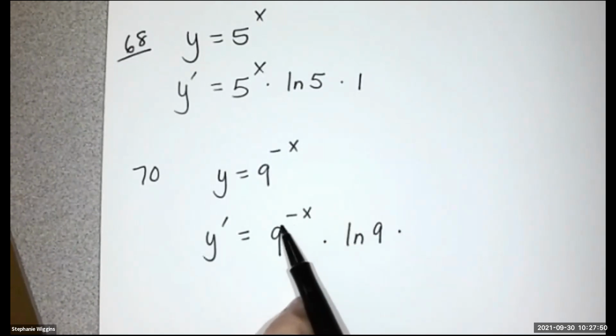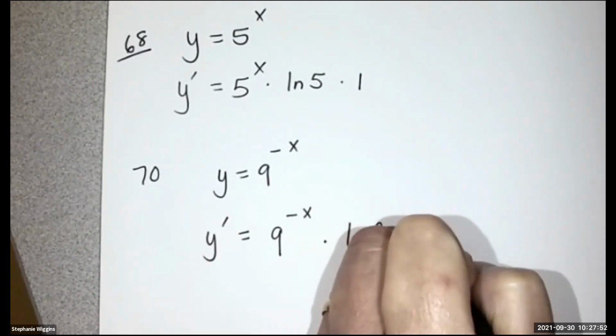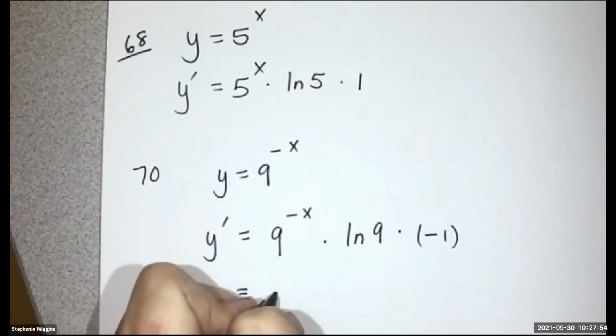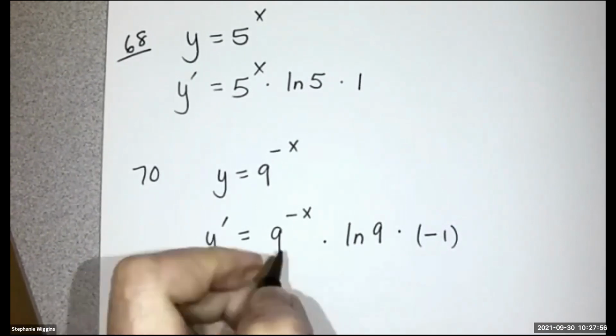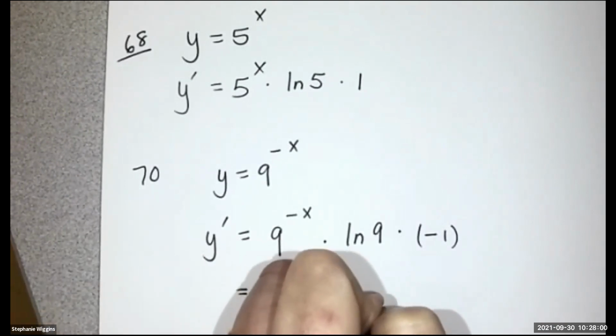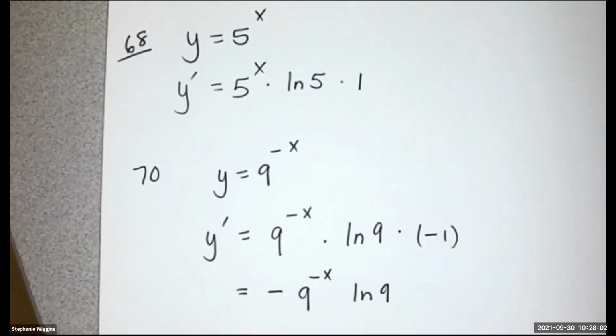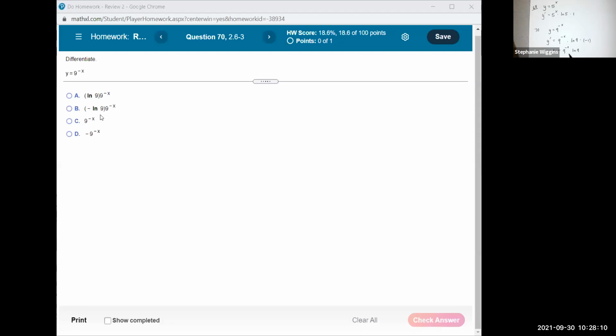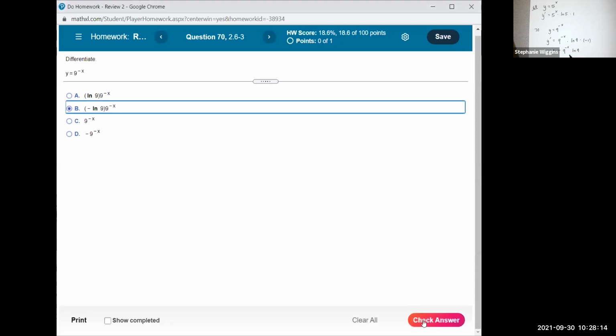In this case, it's -1. So you get negative 9 to the negative x times the natural log of 9, like that. Okay.